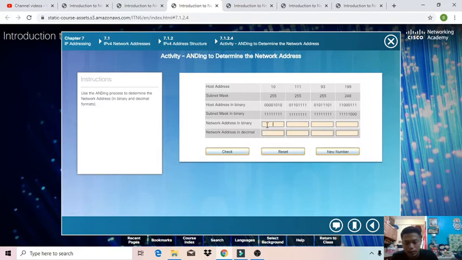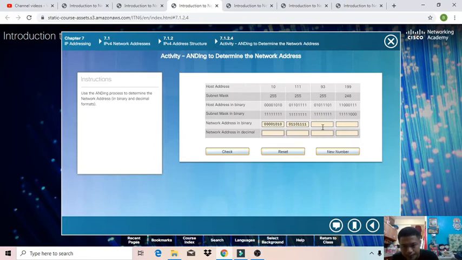For example, 0 and 1 is 0. 0 0 0 0 1 0 1 0. As you can see, if both numbers are 1, automatically that bit is 1. So the next is 0 1 1 0 1 1 1 1.